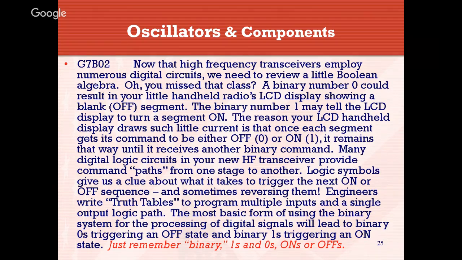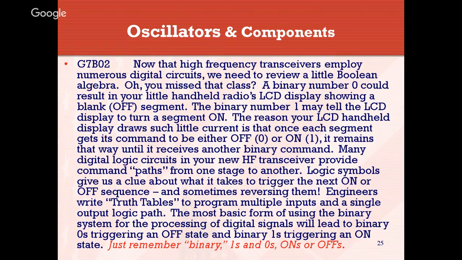Boolean algebra is used in many digital circuits. They're logic circuits, basically. And in your new HF transceiver, they provide command paths from one stage to another. Logic symbols give us a clue about what it takes to trigger the next on or off sequence, and sometimes reversing them.